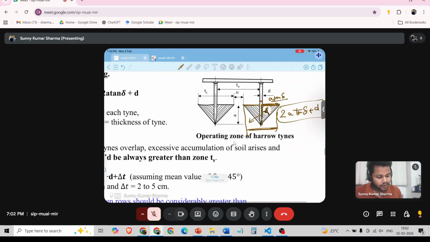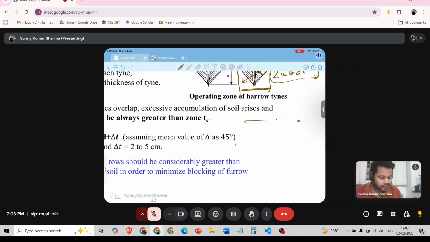Now, how to arrange it on a frame. Suppose this is a frame. If we are mounting the tine at an acute angle, and it is moving in this direction, it will make this angle from the direction of travel. This is an obtuse angle. We can also make it like this. In this diagram, in this motion, the soil reaction force will be downward.